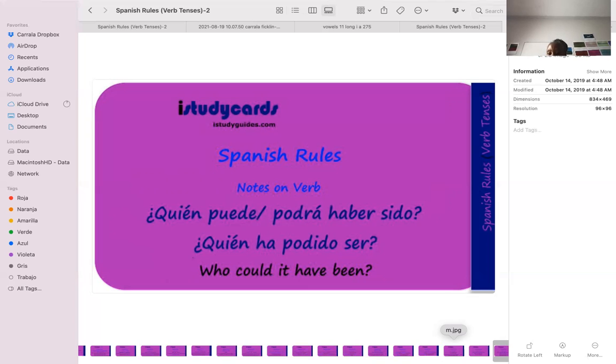These notes that you're looking at right now are not on the subjunctive, they're on everything that has to do with verbs. Notes on verbs, present tense, past tense, different tenses. Then after we do those and more things on the subjunctive, then I'm just going to go into the conjugation.